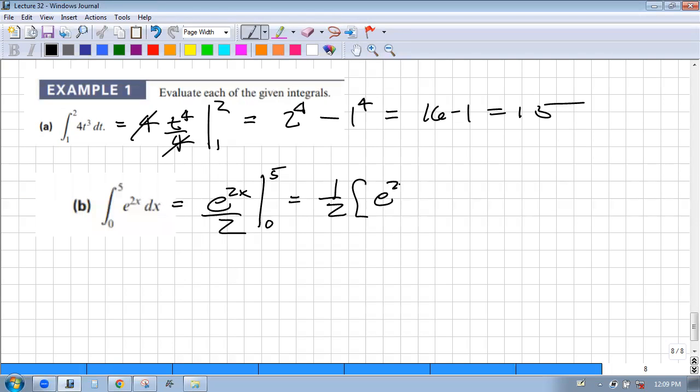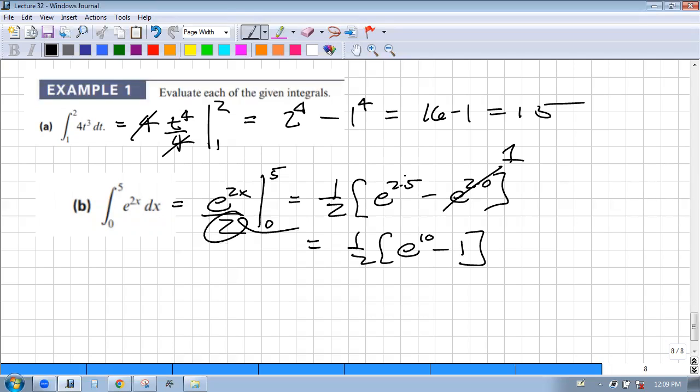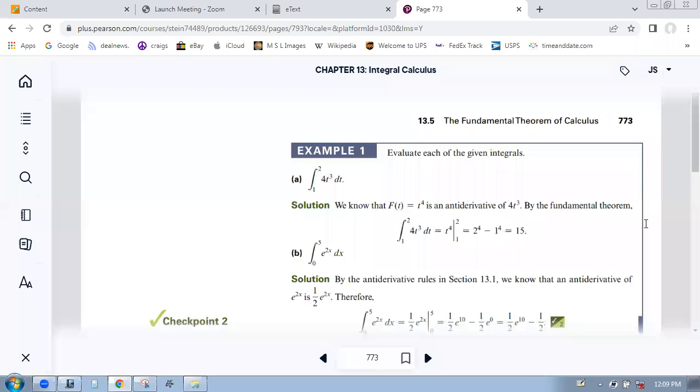We have e to the 2 times 5 minus e to the 2 times 0. This is just 1. Anything to the 0 power is 1. So we have 1/2 times e to the 10th minus 1. Okay? You don't want to write the 2 twice, right?